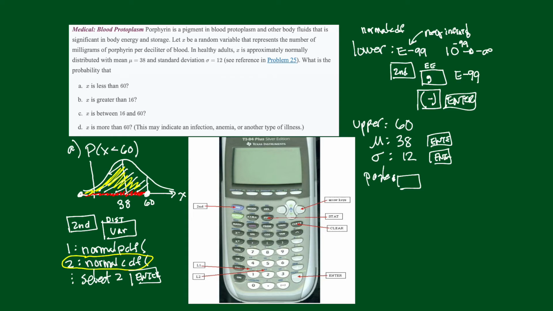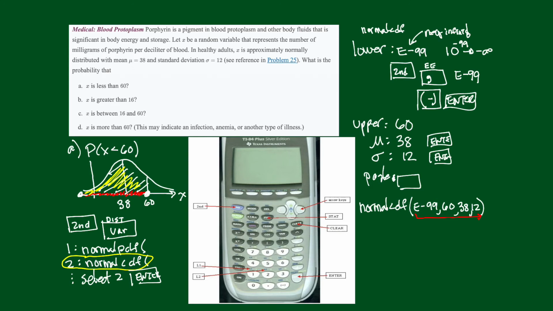It says normal CDF, then it says E negative 99 to 60, 38, 12, and close. All right, that's what my calculator shows. Now what's really only showing up is just from here. That's all it shows because the screen's just not big enough.